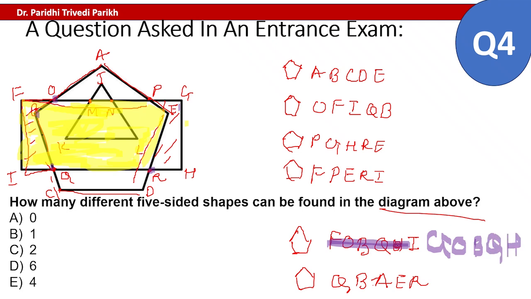I hope you understand. I hope you are clear. And lastly, it's Q, B, A, E, R. Yeah, this one. Let's say the black one. This figure I'm talking about.